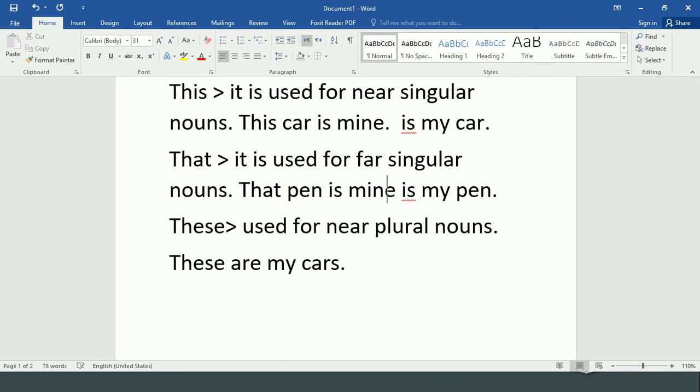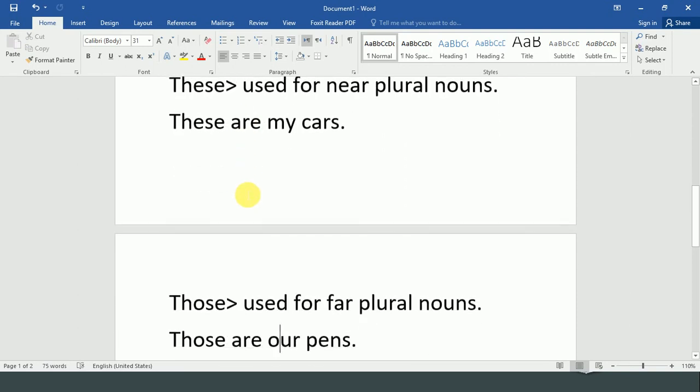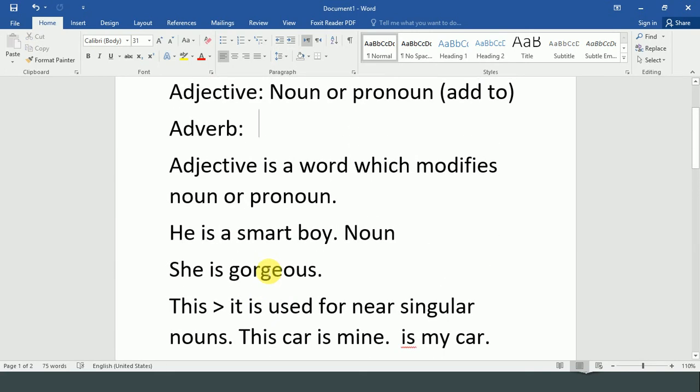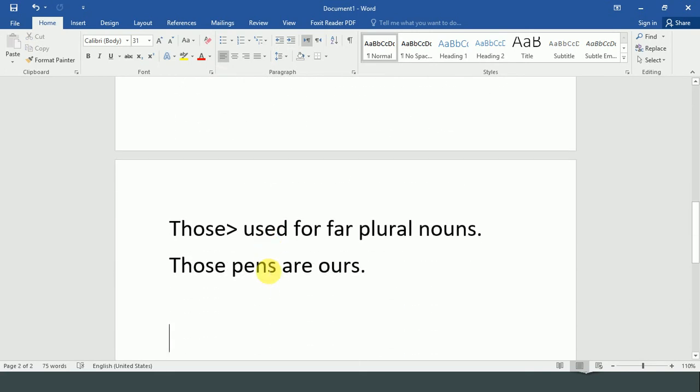Now you see this becomes a demonstrative adjective before a noun. Remember that, right? Then for example here you can say those pens are ours. So you see the examples. Now they become demonstrative adjectives, before, I gave you the example of demonstrative pronouns.